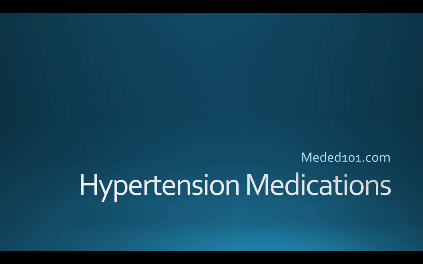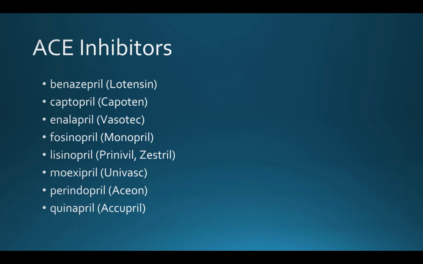Now the medications. So ACE inhibitors. You got to remember the ending, PRIL for the generic names. I would definitely memorize most of these brand names. I've definitely seen all or most of them, and most commonly, lisinopril probably a go-to drug, enalapril, and benazepril are probably the three most common that I see, at least in my practice.